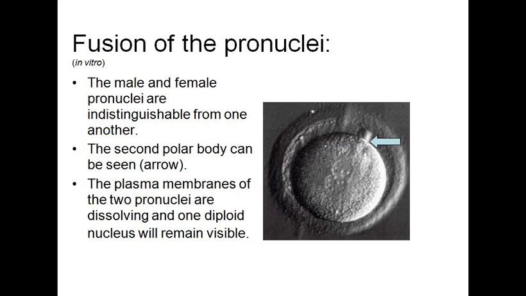Now these pronuclei will fuse together to form a proper fused pronucleus और ये अब हमारे पास डिप्लॉयड हो जाएगा. ठीक है, here we can see the two pronuclei fusion हो रही है इनकी, right? And here the arrow shows the second polar body. The plasma membranes of the two pronuclei are dissolving and one diploid nucleus will remain visible. Means this, which I have already showed you in the start of this slide.